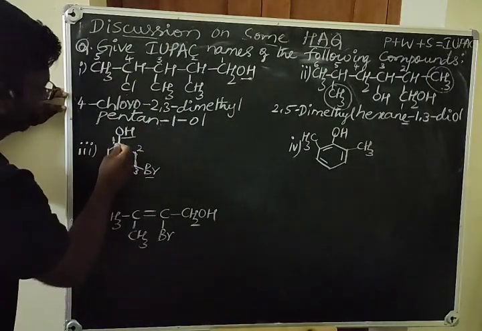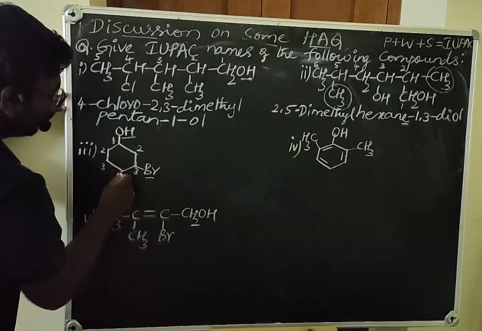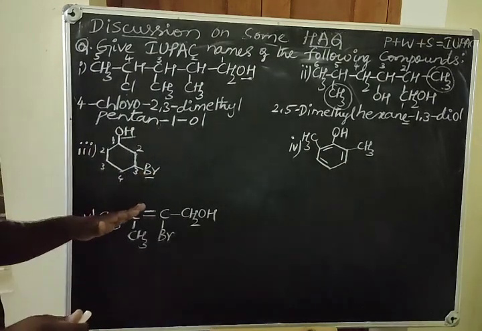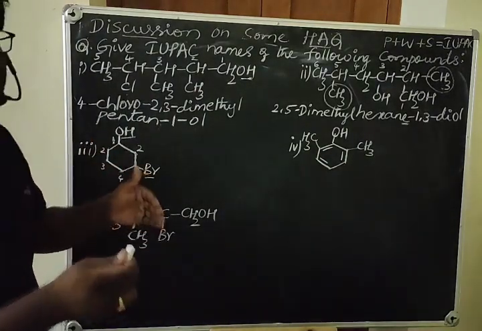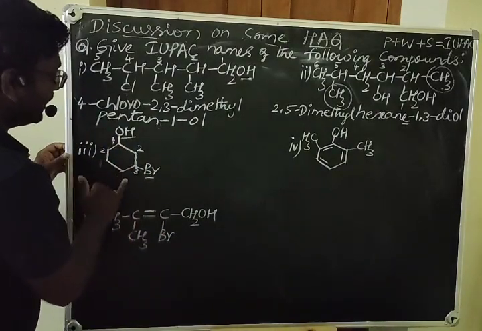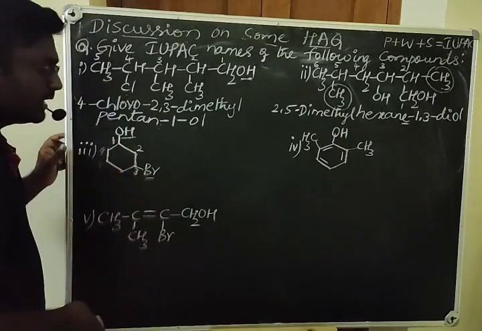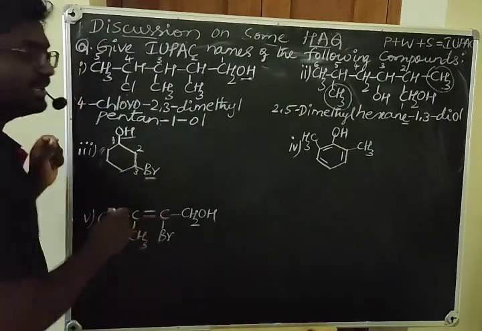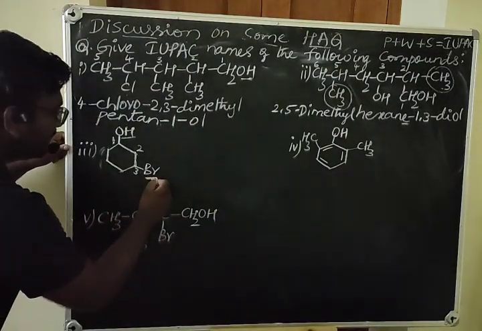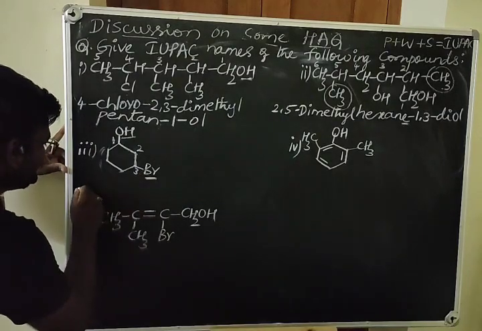But if you move in the other direction, it will be 2, 3, 4, and 5. So it should not happen. We have to follow the lowest sum rule. According to that rule, we have to follow this order so that the bromine will be reached soon. So now the prefix will be given for the substituent and its position is 3.